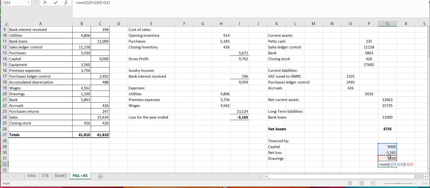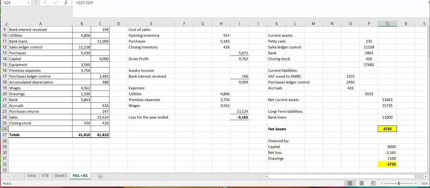So that will be my reserves minus my drawings, which will give me the proprietor's funds, or the financed by. And I expect us to know net assets must be the same as the total financed by, your proprietor's funds. That is the indication that your balance sheet has balanced, or your statement of financial position has balanced, which is what you always need.